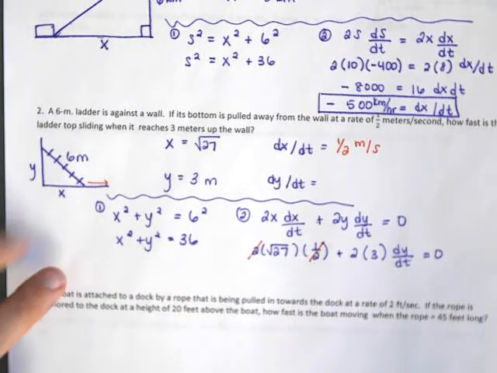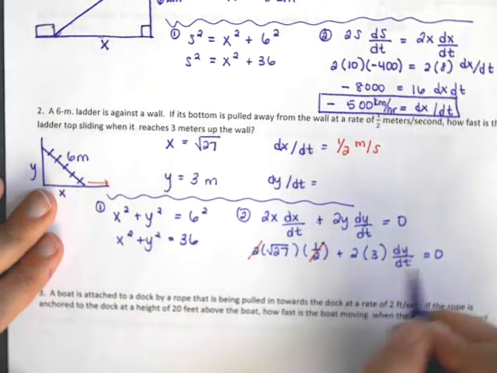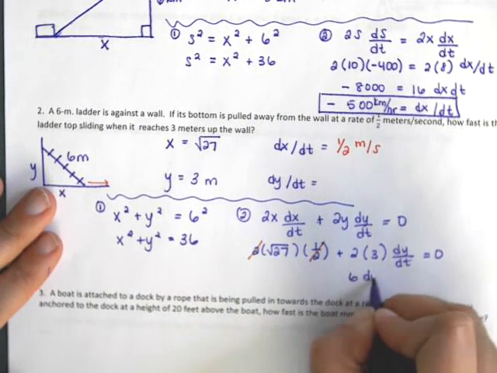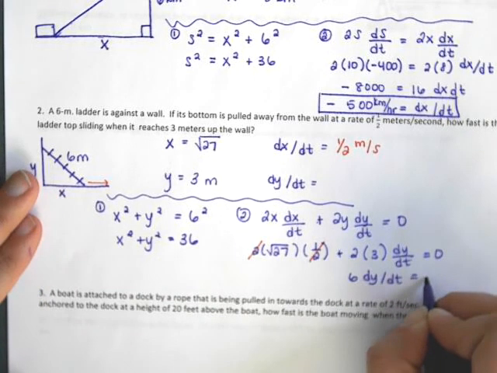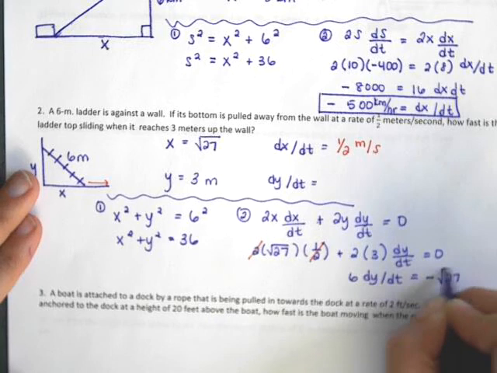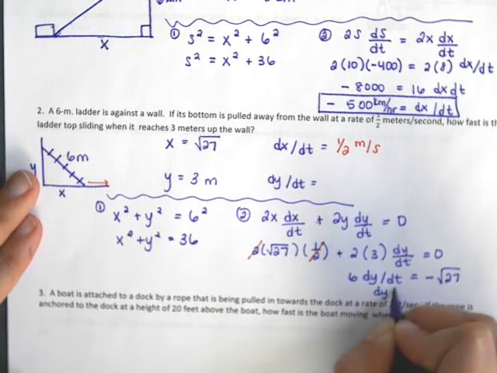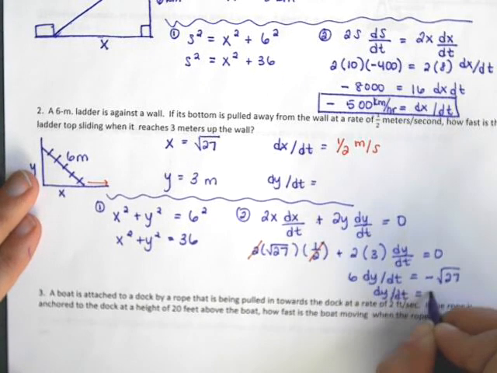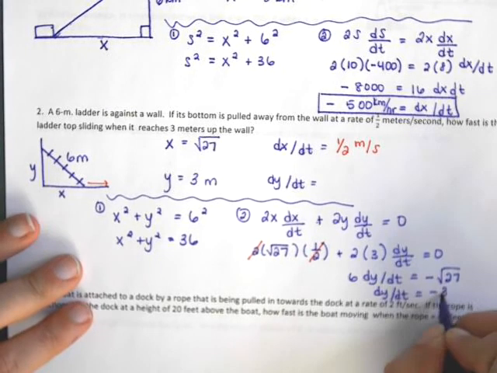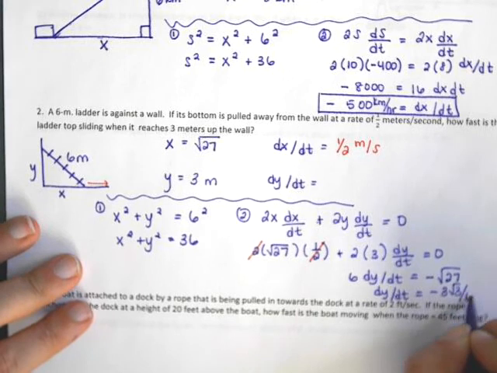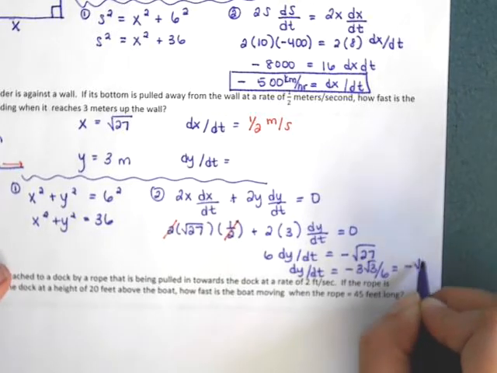So as part of the process of solving, I'm going to subtract the square root of 27. So 6 dy/dt equals the negative square root of 27, which means dy/dt equals negative, let's see, 27 would be 9 times 3, so 3 root 3 over 6, which would be negative root 3 over 2.